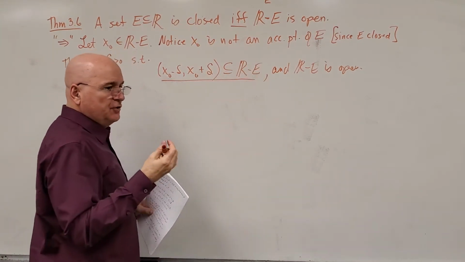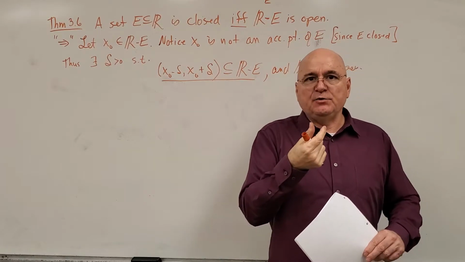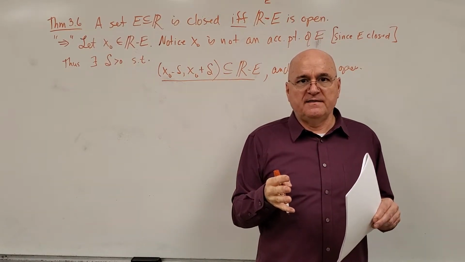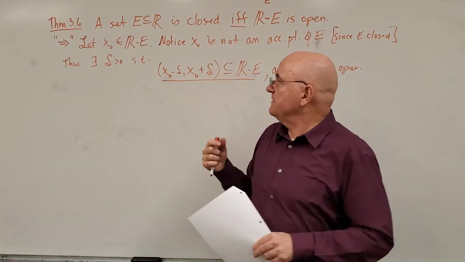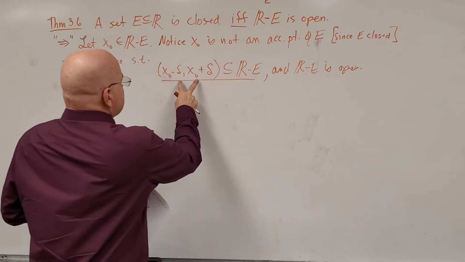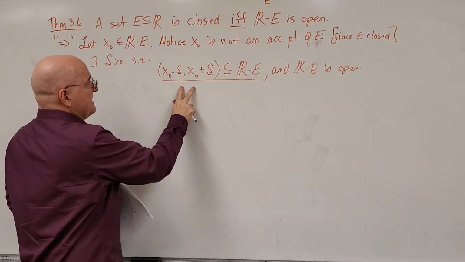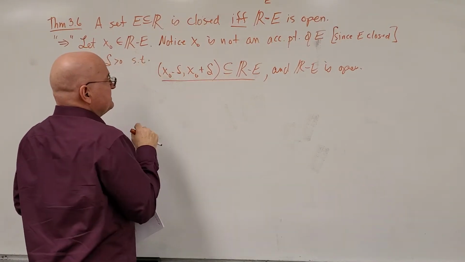Because it's not an accumulation point. It contains a neighborhood around x naught such that there's no element from E in this set.